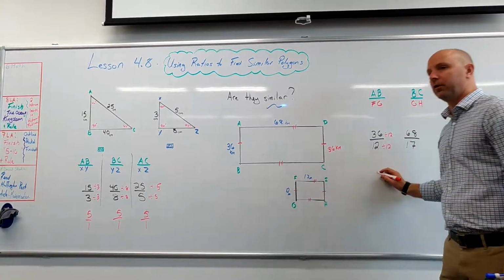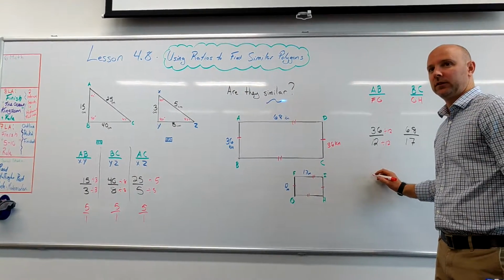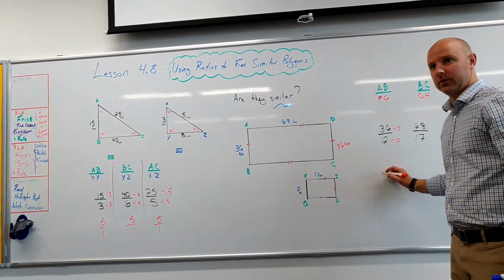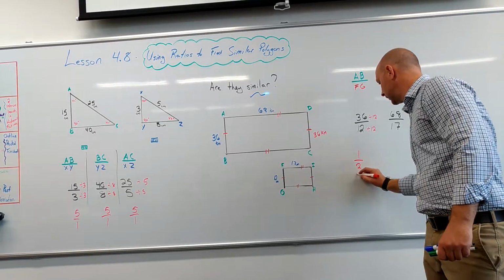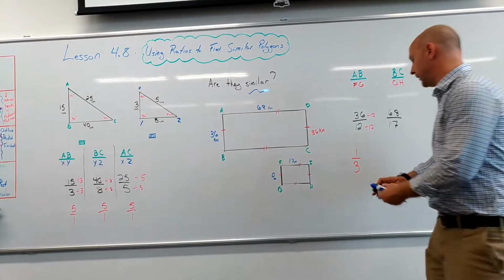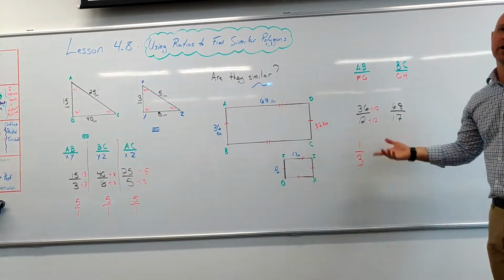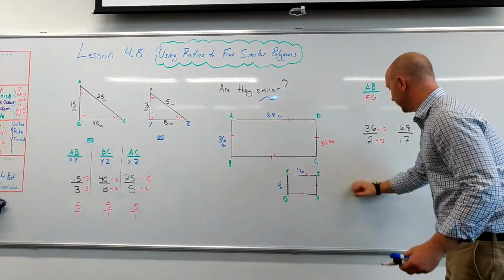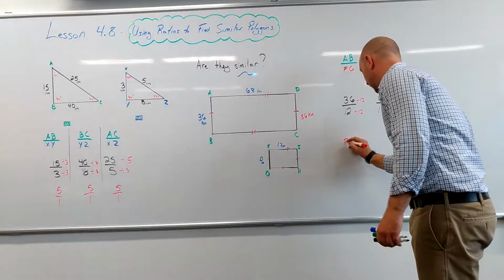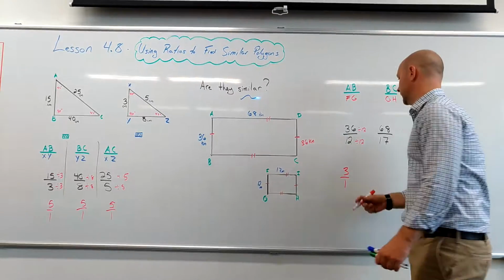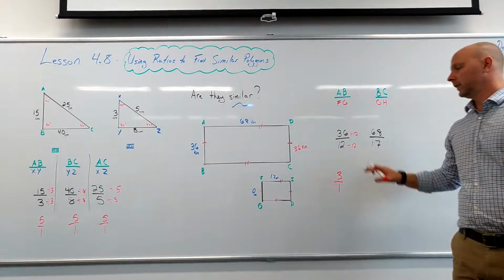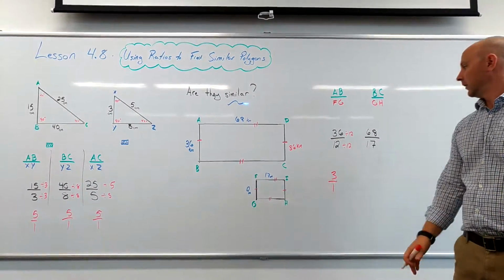What do I come out with over there? 1/3? No, 3. Oh, you're right. We know starting off that it was an improper fraction, so we have to reproduce that the same way: 3 over 1, which is actually equal to 3.